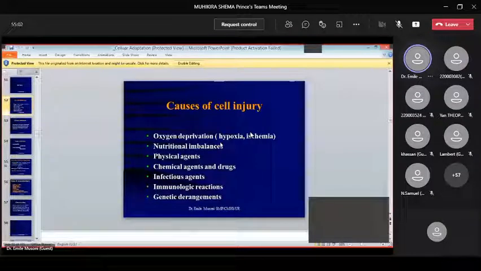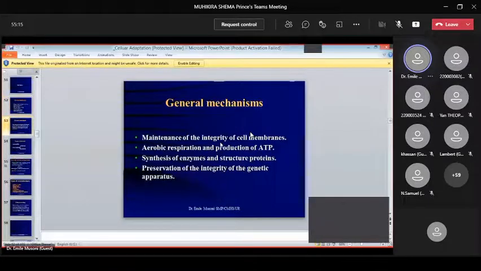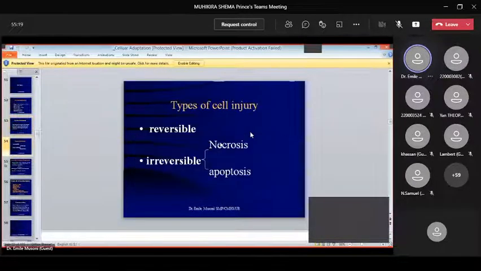So those can cause cell injury. Injury can be reversible or irreversible. Irreversible injury leads to necrosis and apoptosis. Both are cell death. One is programmed, another one is not programmed. We'll see it.